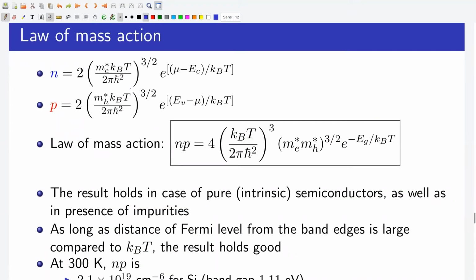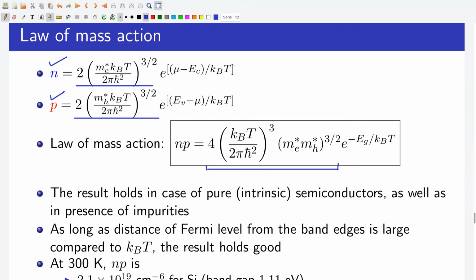So we got the expression for N and P. Let us multiply and find the expression for NP. This is what we get from these two terms.